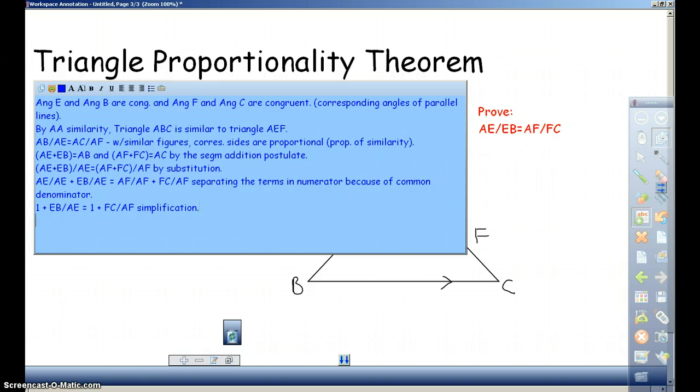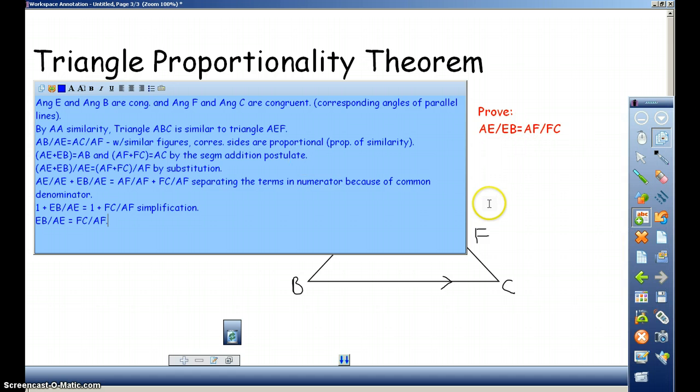And now what can we do? We can subtract 1 from each side. If we subtract 1 from this side and 1 from that side, we're left with EB over AE equals FC over AF. Okay, is that what we were trying to prove?